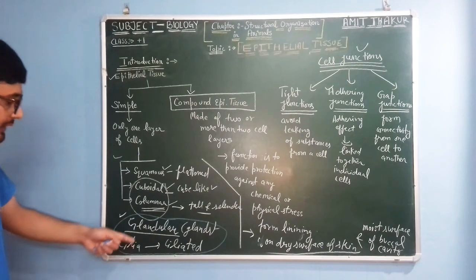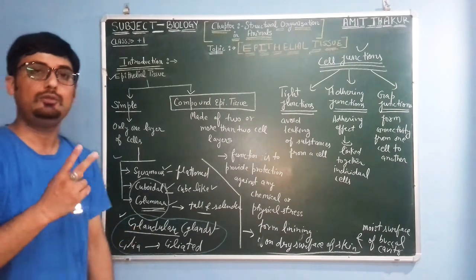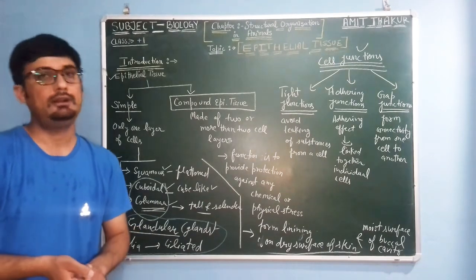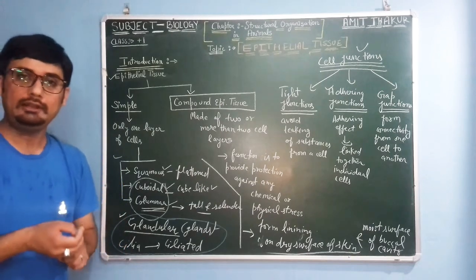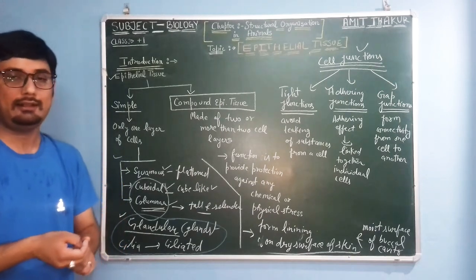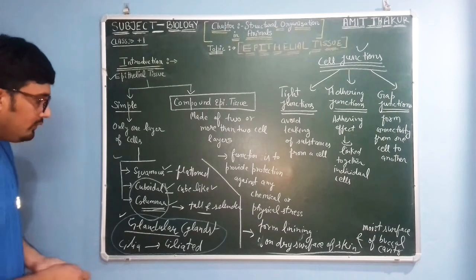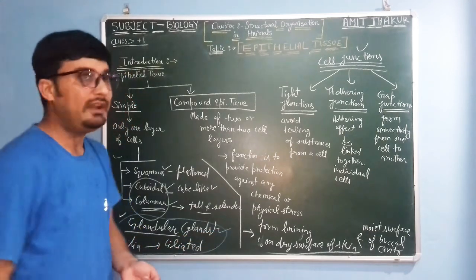Okay, और ये glandular भी आपके दो तरह के थे, two types के थे ये, unicellular and multicellular. Isolated unicellular glandular cells like we see in case of goblet cells.